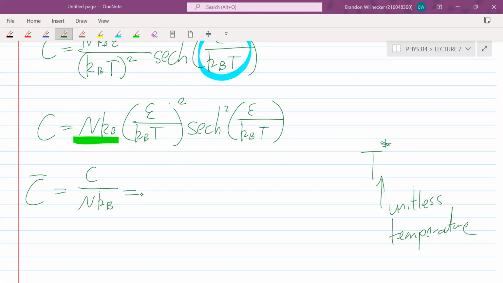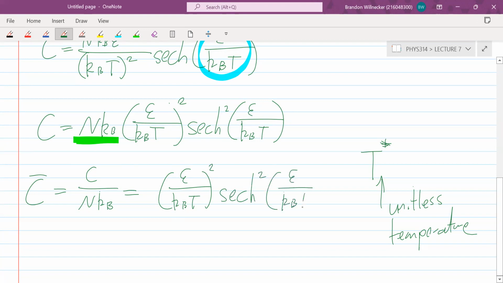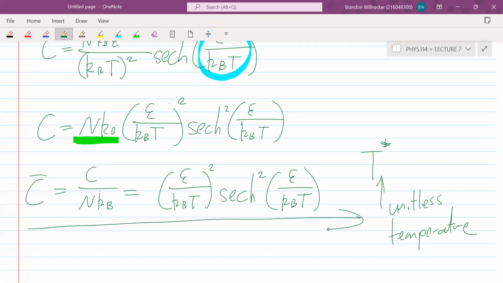They cancel nicely. And we're also dividing by the system size. So C bar is both unitless and independent of system size, which is great. And this is equal to epsilon over kBT, all of that squared, sech squared, epsilon over kBT. And that is our unitless heat capacity.